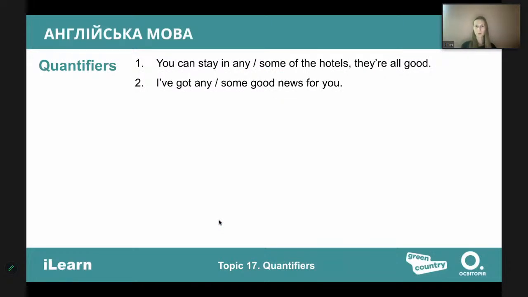So now, when we speak about quantifiers, you definitely know that sometimes you need to use some or any and so on. Let's try to choose the correct option in each case. Number 1, you can stay in any or some of the hotels. They are all good. So what's number 1?